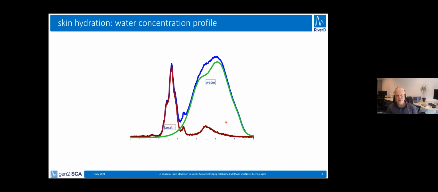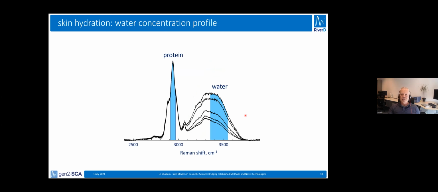Now, the nice thing of Raman spectra and the Raman intensities is that they go linear with the concentration of a molecule in the measurement volume. So that means that we can interpret the spectrum by looking at the intensity ratio between the protein signal and the water signal.